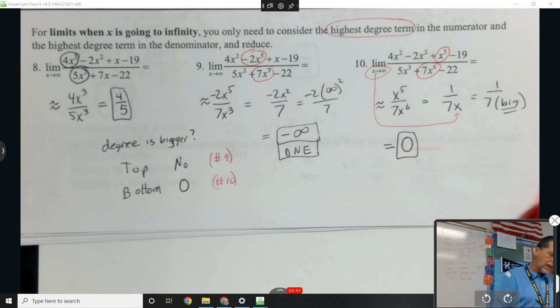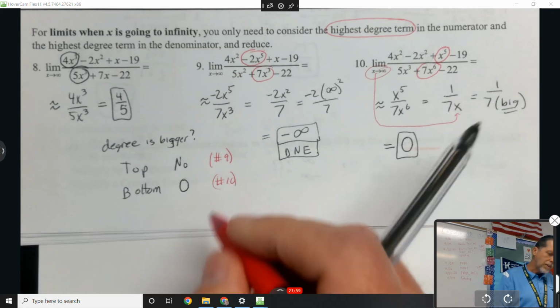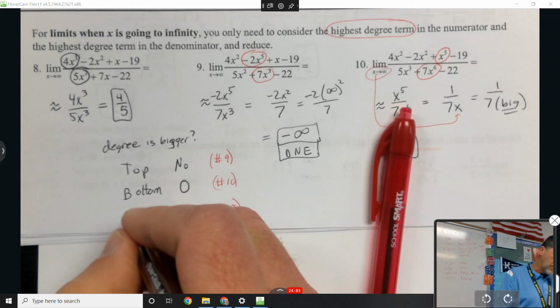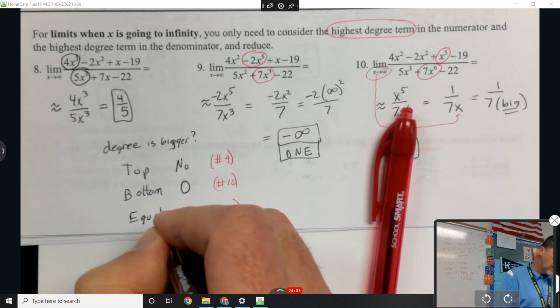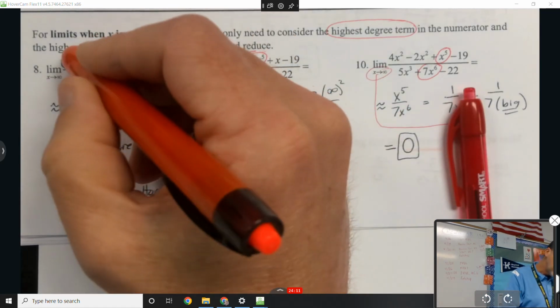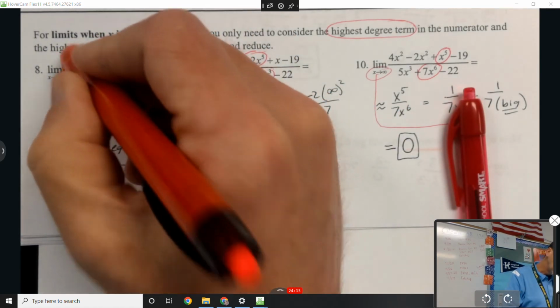And that leaves number 8. If they're equal, what did we end up using, or what was our answer equal to? The coefficients.